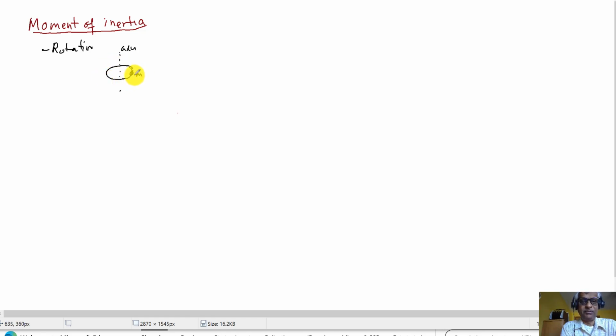You can look at it as a linear motion where its velocity is v that way, and from the center of this axis it is a distance r that way. So you can examine it in terms of the angle it is covering, or in terms of the distance it is covering. But if you think in terms of the angle it is covering, we say that interpretation is a rotation problem.